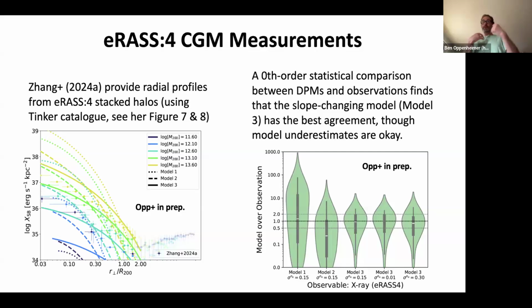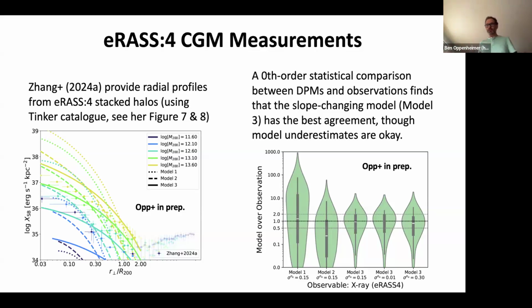Now, if you observe deep with XMM or Chandra, really it's XMM that has the soft X-ray capability, for hundreds of thousands of seconds, you can see structures associated with normal galaxies, L-star galaxies, the CGM, that are not spherical. They're biconical outflows or structures probably associated with outflows.